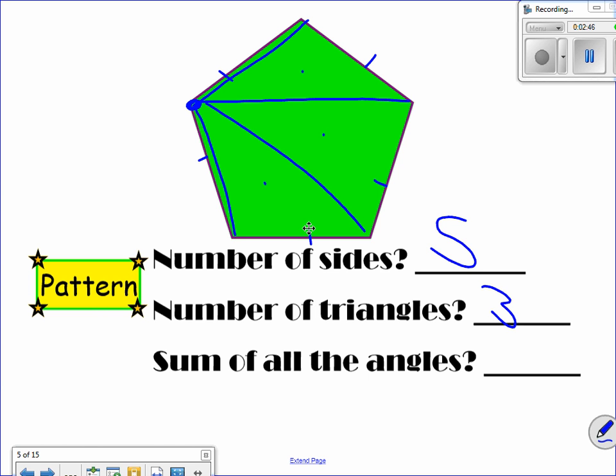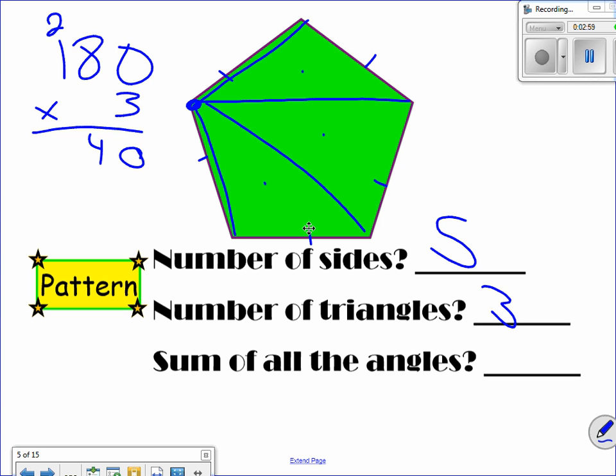What is the sum of all the angles in a pentagon? I have 3 triangles, so 180 times 3. 3 times 8 is 24, 3 times 1 is 3, plus 2 is 540 degrees. That's the sum of all the angles in my pentagon.